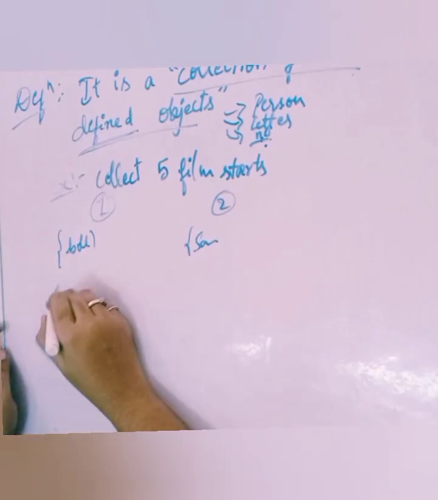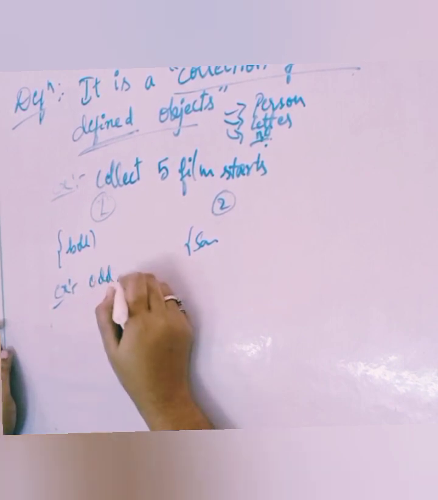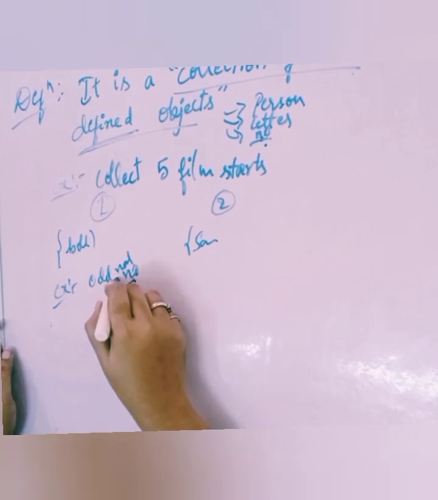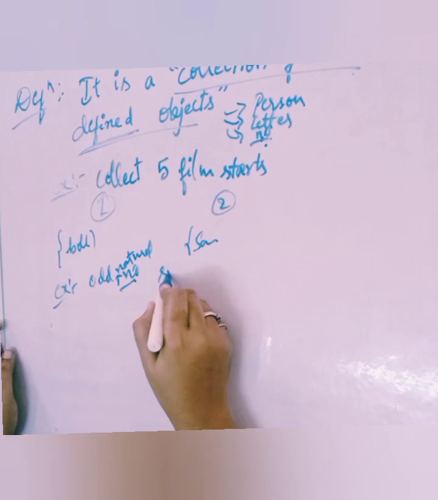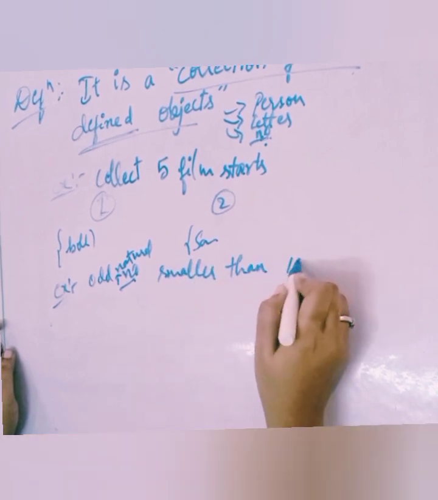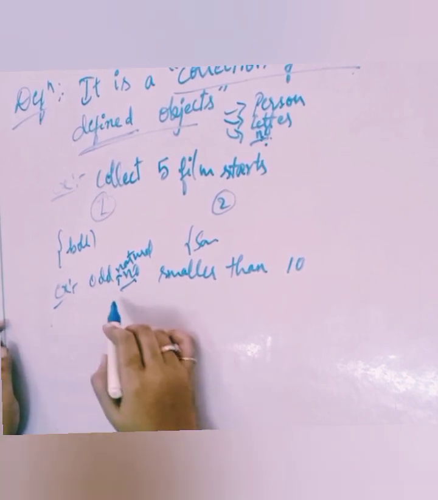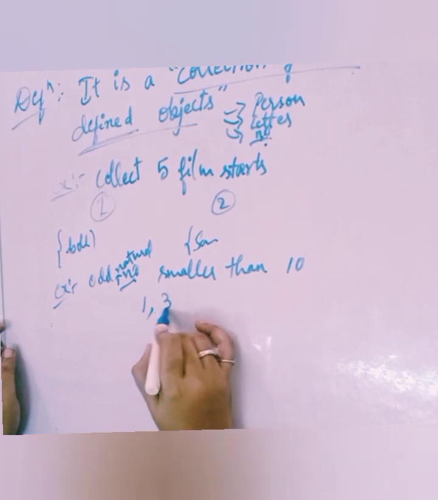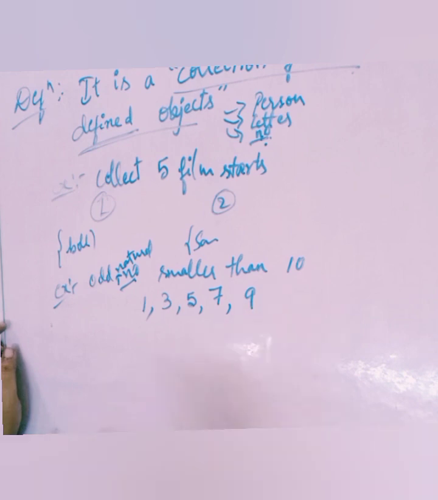So now I'll take an example for this. First one, I'll take odd natural numbers smaller than 10. So what is smaller than 10? We will get odd numbers, that is 1, 3, 5, 7, 9.